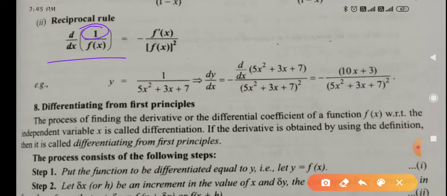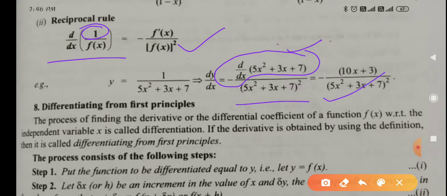So you can apply that formula also, u upon v, or if you don't want to apply it then directly you can write minus the derivative of the denominator, and denominator squared in the denominator. So one more time I am telling, in the numerator you can write the negative of the derivative of the denominator, and in the denominator the denominator squared. So this answer will come.